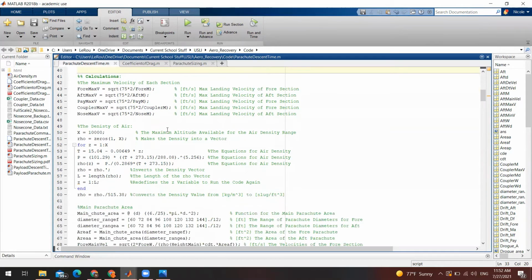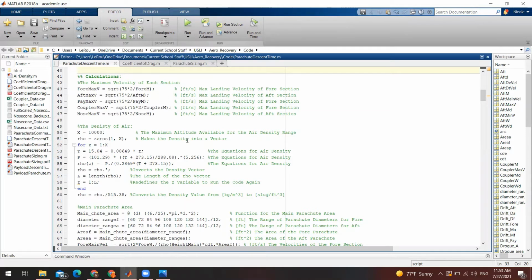So for our calculations, first we're going to do the maximum velocity of each section. This is just the kinetic energy times 2 divided by the mass of each section to find the velocity, and then the square root of that. So this just calculates what the maximum velocity is at any one point.